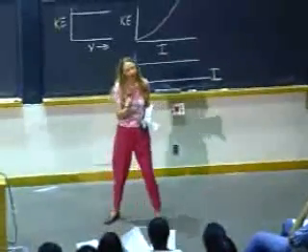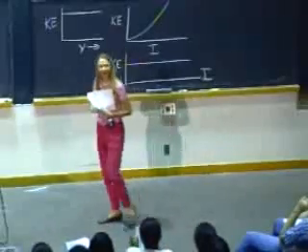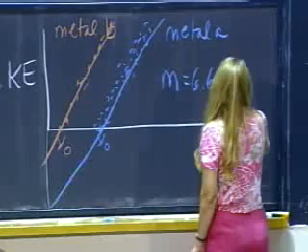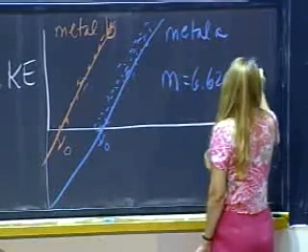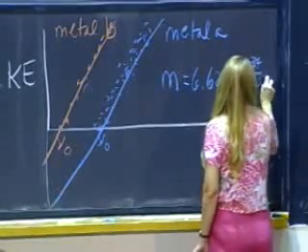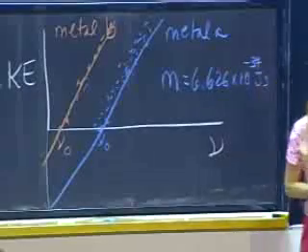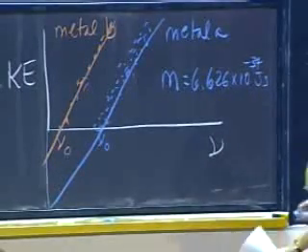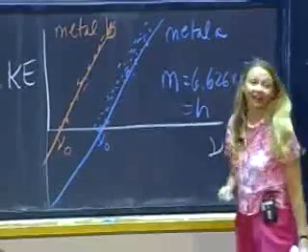Because the slope of those lines was 6.626 times 10 to the minus 34 joule seconds. The slope of those lines was something called Planck's constant, h.